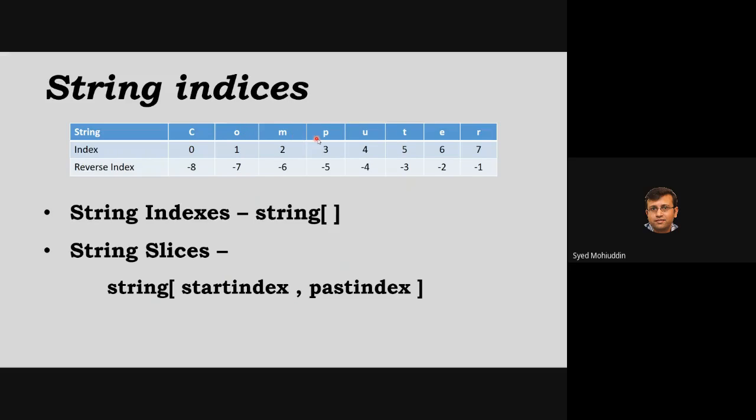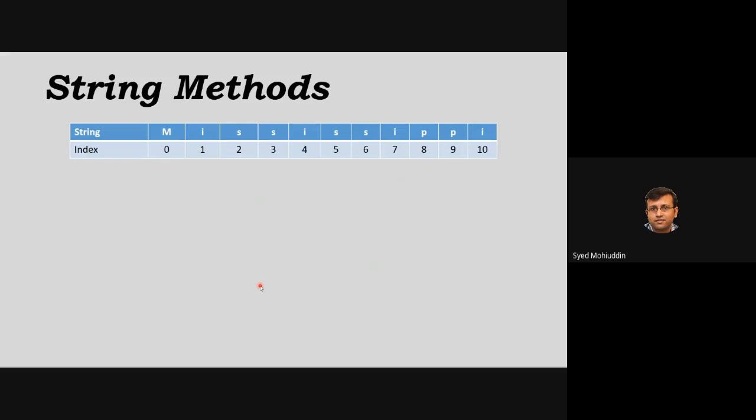O, M, P, U, T. Not -2, because it should be -2 minus 1, which is -3. So it will return from -7 till -3. So always remember, the past index means the end minus 1. This is how slicing would be performed in Python.